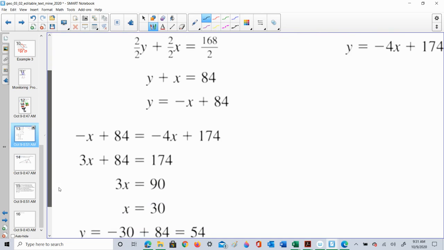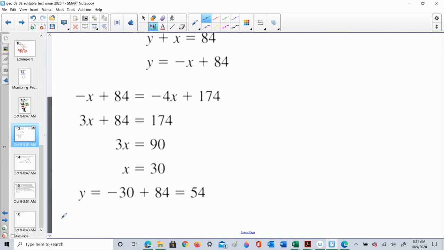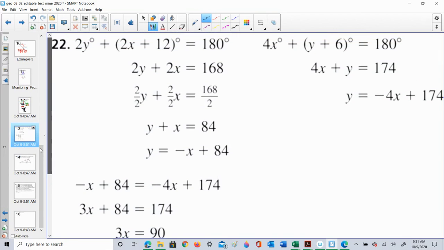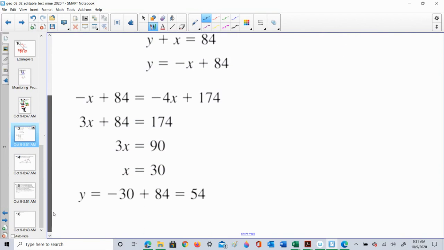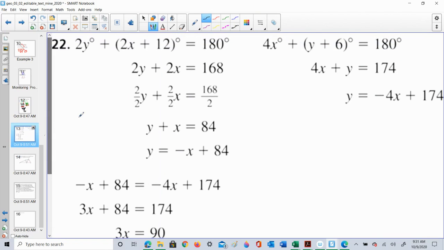Which is exactly what's worked out here. It's a little bit cleaner here, but I just wanted to do it. Divide by 2 through everything. It is slightly different in this step, but it's pretty much the same thing that I did.